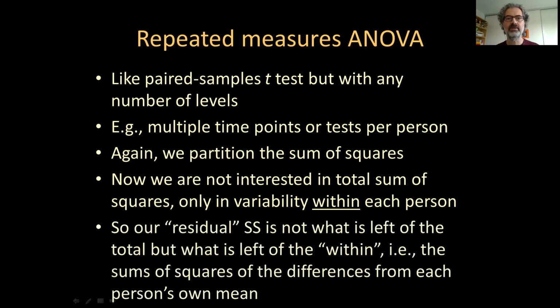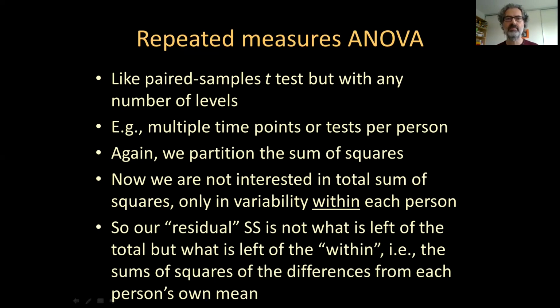So the residual, what is left over after something is accounted for by our factor, is not the total residual, but the residual left over from the within sum of squares, the sum of squares of the differences from each person's own mean.